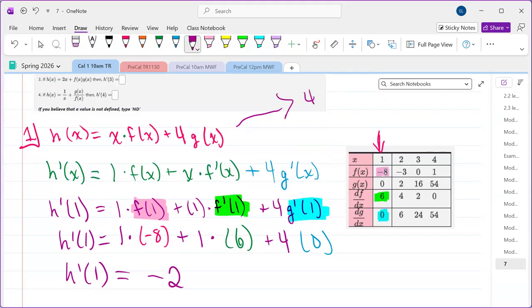So it'd be like 4 times g prime of x plus derivative of 4 is 0 times g of x. So the 0 times g of x is 0 plus 0. We don't have to write it. So you'll still end up with 4 times g prime of x.